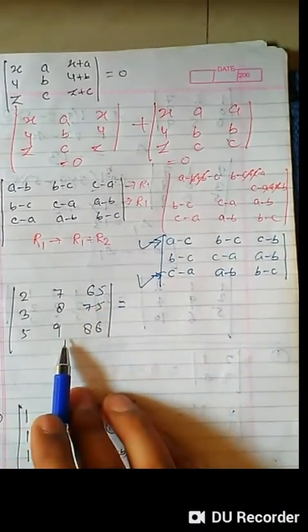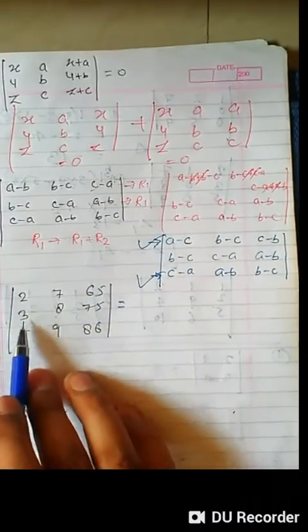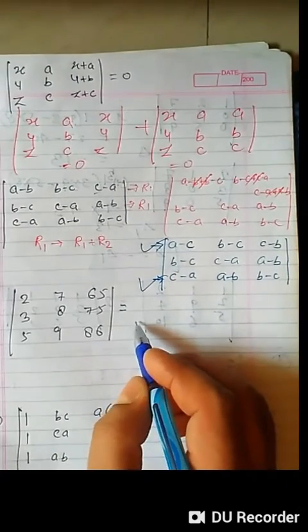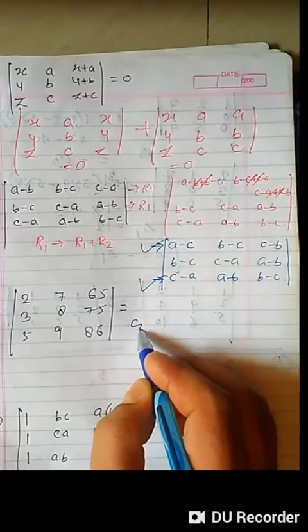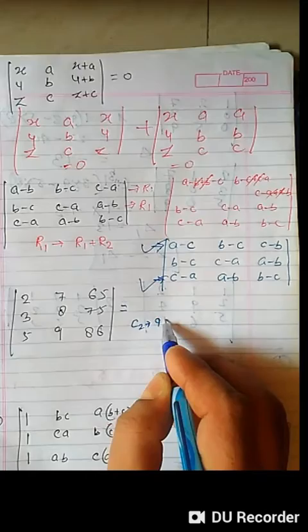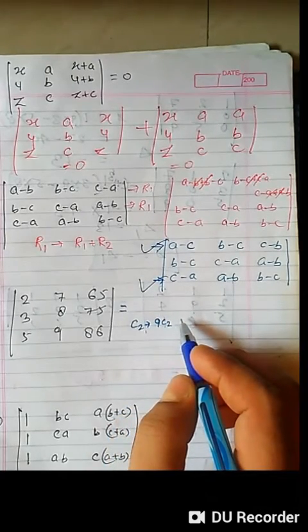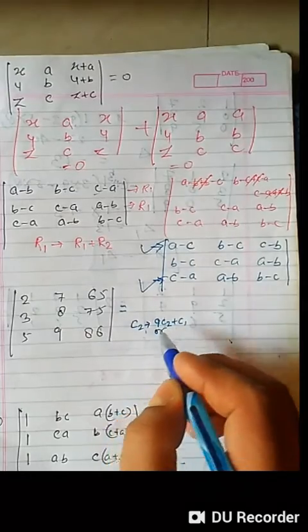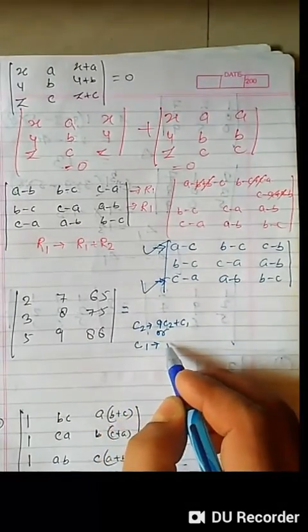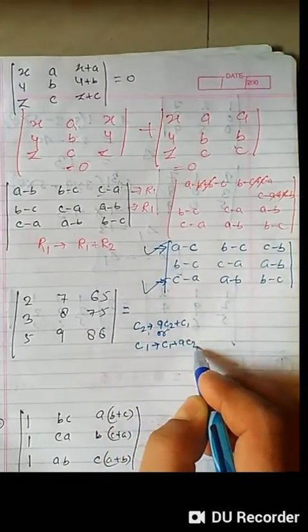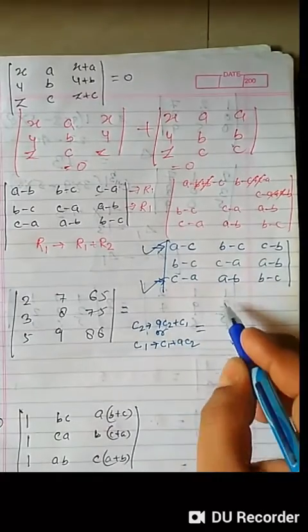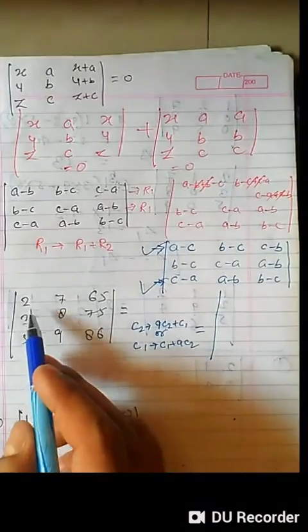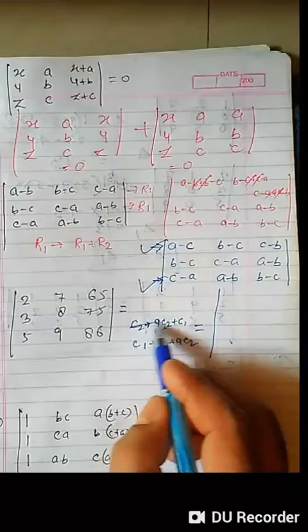If we multiply column 2 by 9 and add it, that is, C1 becomes C1 plus 9C2, then in place of C1, follow this, it will be better.